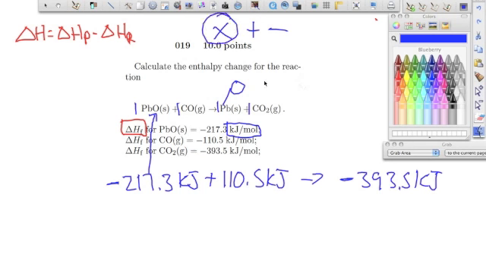Now what we need to do is add these two together, and then we will subtract.